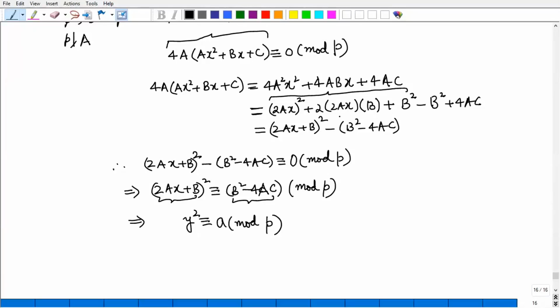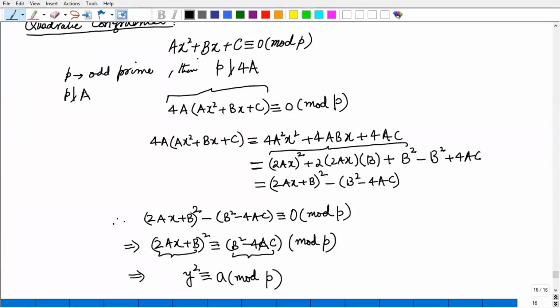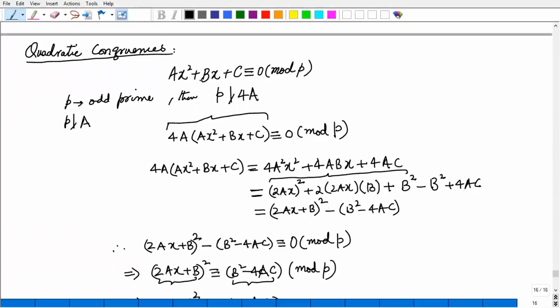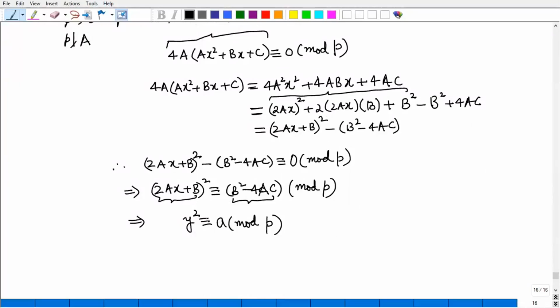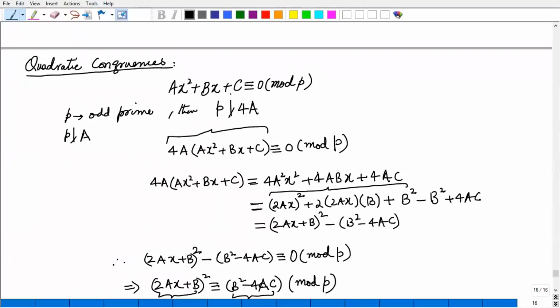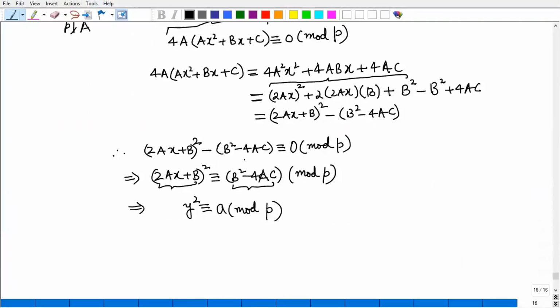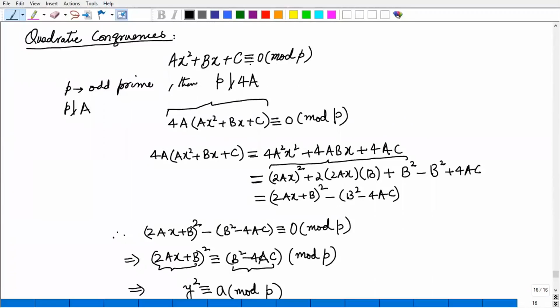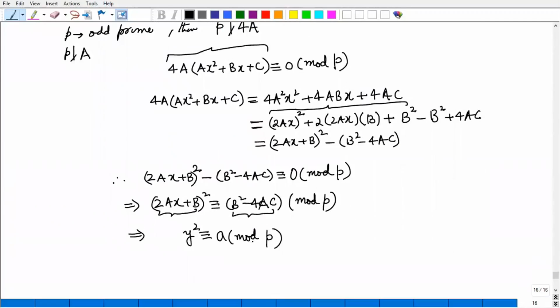So any quadratic congruence in which p is an odd prime, p does not divide 4a, and p does not divide a, can be reduced into the simpler form y square congruent to a modulo p. So every quadratic congruence can be converted into this form, and we solve only this type of quadratic congruence.